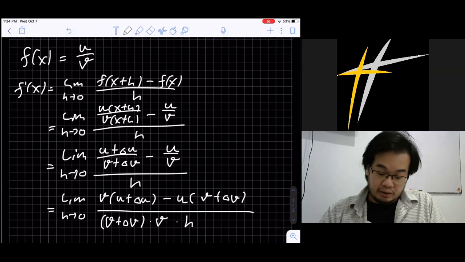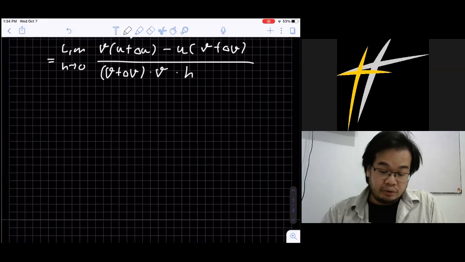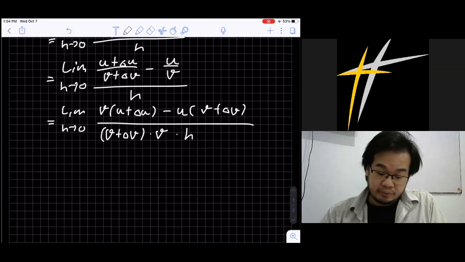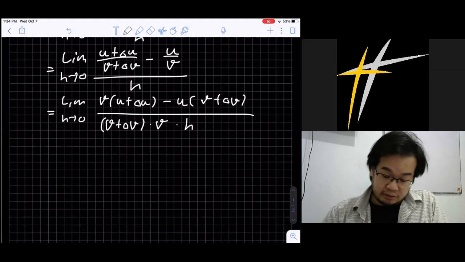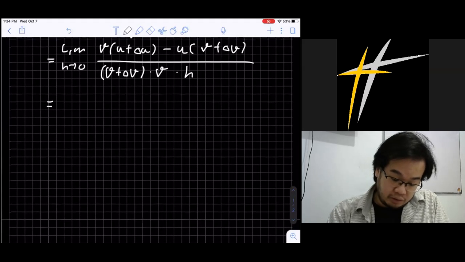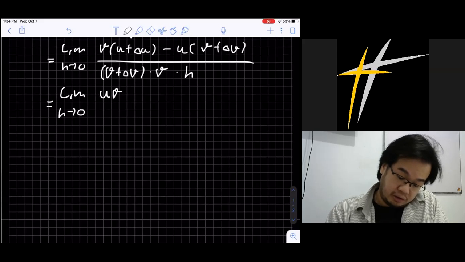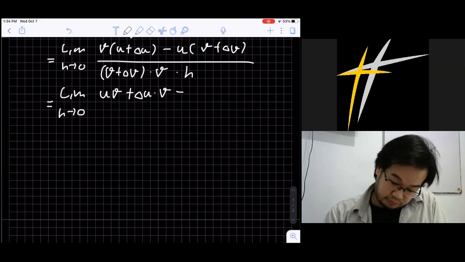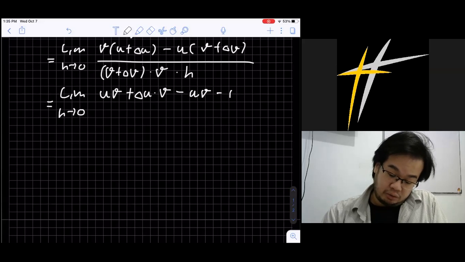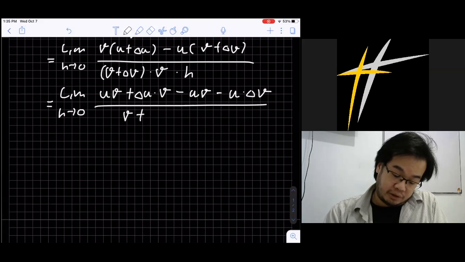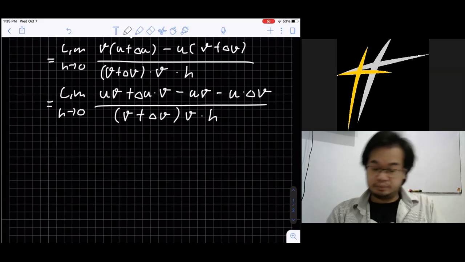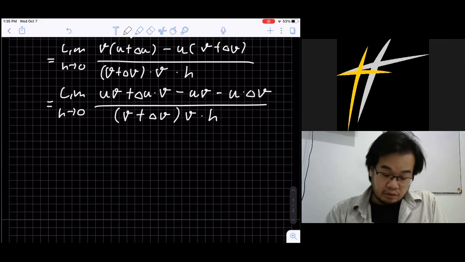And then if we do the distribution, what we will have is the limit as h approaches 0 of uv plus delta u times v, minus uv minus u times delta v, over v plus delta v times v times h. Okay, so this cancels.